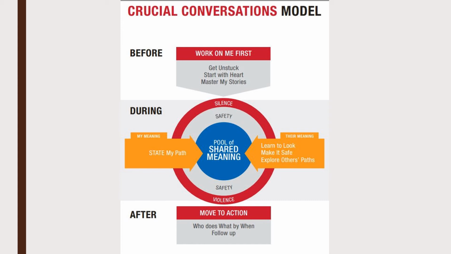They usually leave a boss, or they quit a boss, and that happens a lot. So we want to make sure that as we're bringing people together, there's naturally going to be some friction and some difficulties, and we have to somehow get people into the pool of shared meaning.